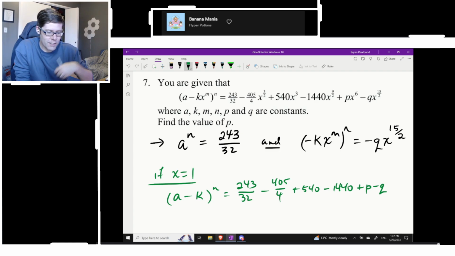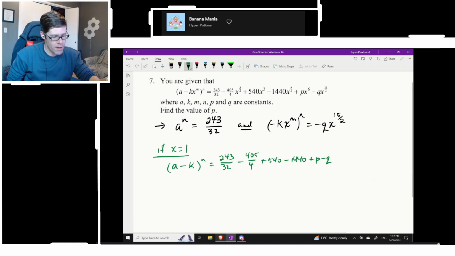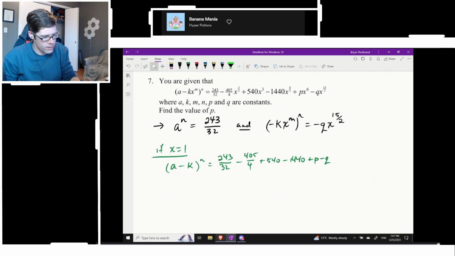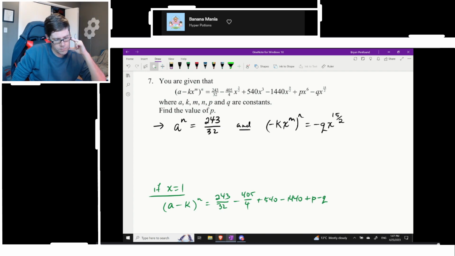That still has a lot of parameters in it, but it's definitely a usable equation. I'm going to put that on the back burner for a second because I'm not exactly sure how easy this equation is to use right away. It's not obvious exactly how to use that.